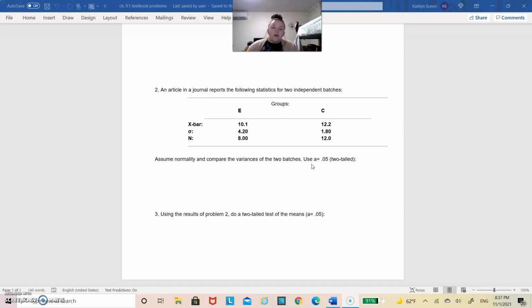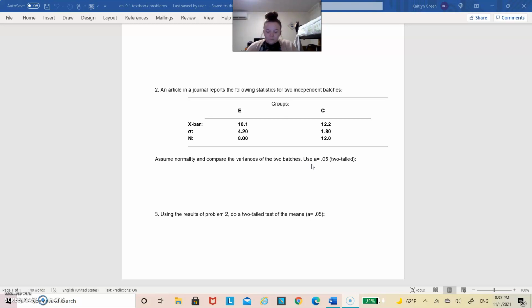And we'll get a standard deviation of x bar 1 minus x bar 2 to be 1.57. And then we'll put that in the equation to find T-cal. And we'll get 10.1 minus 12.2 divided by 1.57 to get a T-calculated value of negative 1.34.